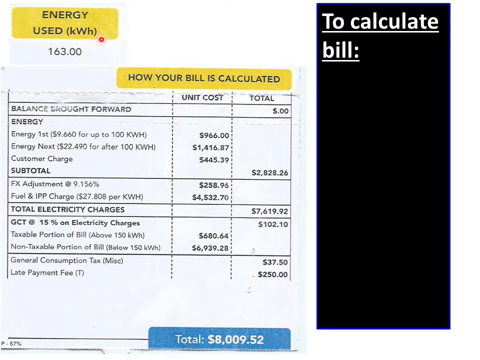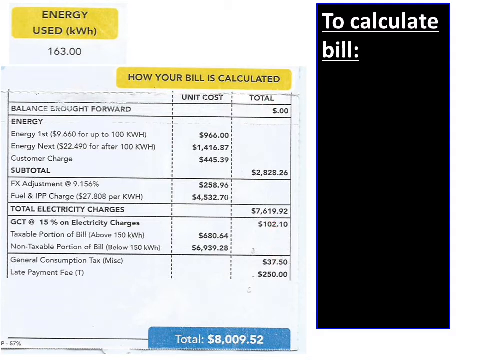Just as when you're measuring length, you use centimeter or meter, kilowatt is the unit used to measure energy. So in the 1 month period, this household used up 163 kilowatt of energy. And so we're going to find out how much JPS charged us for using up 163 kilowatt hours.